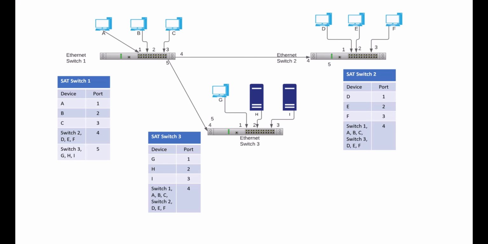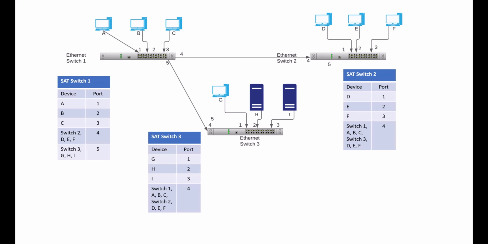So as these devices communicate with other devices not on Ethernet switch 3, the CAM table, or the SAT table, on Ethernet switch 1 will figure out where G, H, and I are located, and they're located off of port 5 on its switch.